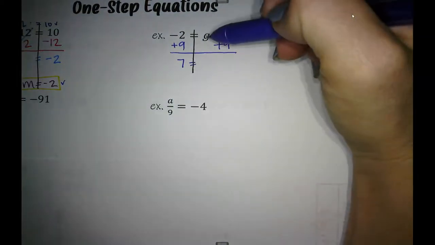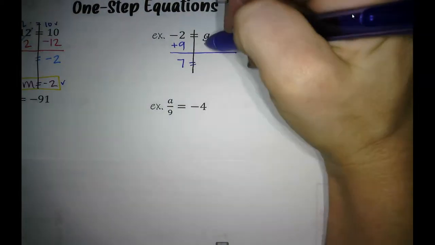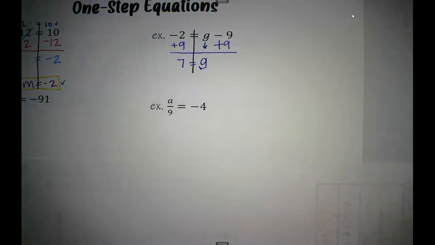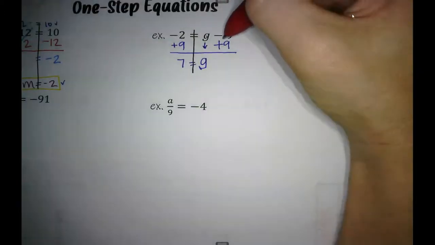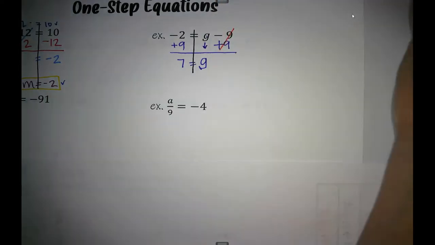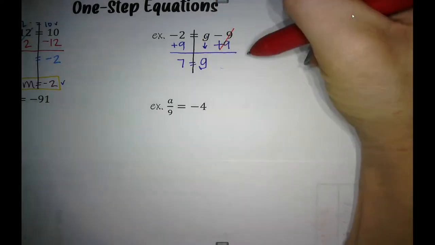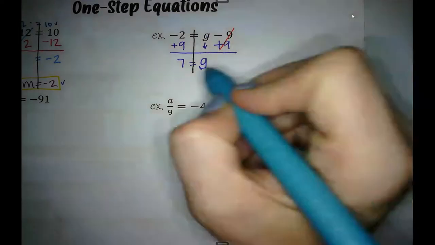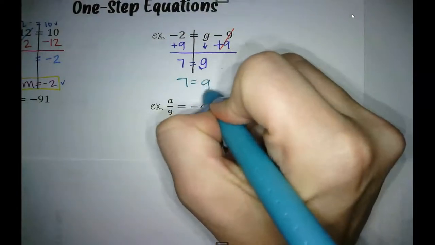I didn't do anything with the g, so that g just travels down. And then I have negative 9 plus 9. Again, that's 0. So I don't have to put anything here. So what are we left with? We are left with 7 equals g.